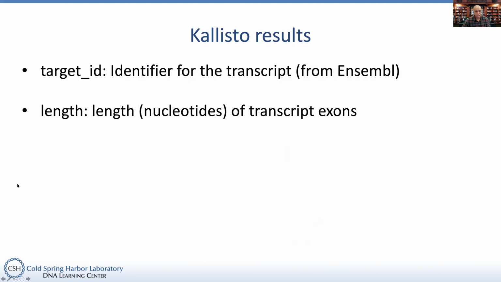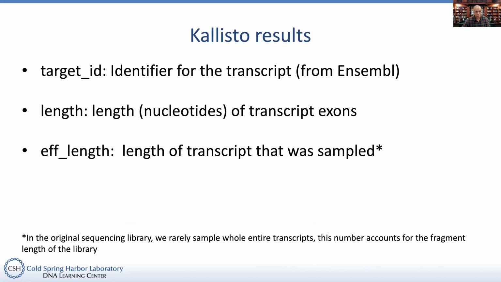We also have the length, which is how long that transcript was, the total number of nucleotides for that exon. Then the next one is something interesting, called the effective length. It's the length of the transcript that was sampled during the mapping. The fine print says that when we do the sequencing, this is a very subtle thing, we rarely get full mRNA transcripts when we prepare our sequencing library, and I discussed that a little bit in the very first episode.